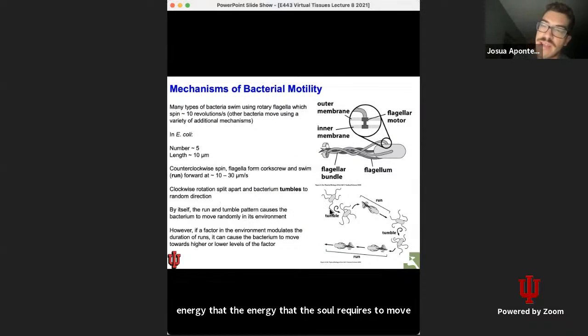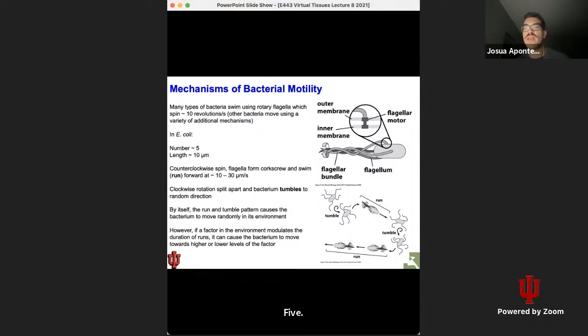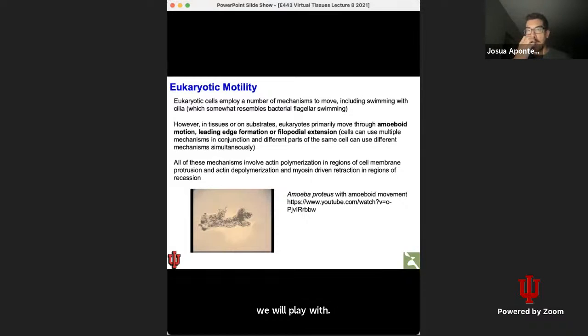But the idea again is that the cell uses the flagella for directional movement, in which it moves in a certain direction up or down a gradient, but it also uses them for tumbling and changing direction in a random direction. If we get to it today, we will play with one of the simulations that models this type of bacterial movement.